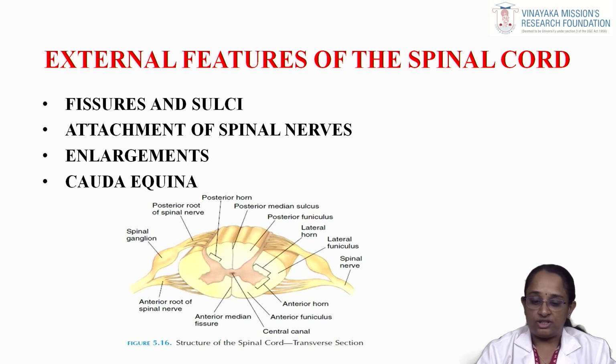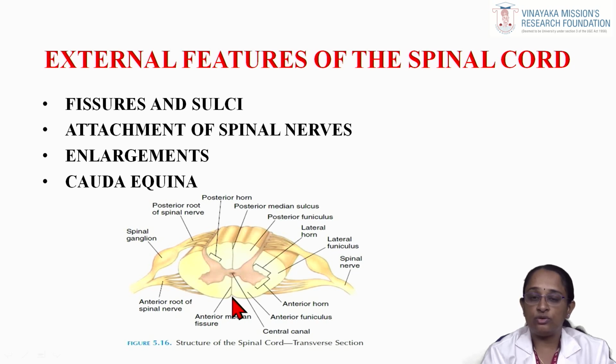You can see a cross section. Here, where the arrow is, this is the anterior part of the spinal cord, and the other side is the posterior part. How can you recognize this? In the anterior part you can see a deep furrow, that we say as a fissure, but at the posterior part we can see just a small downward prolongation, that is called a sulcus.